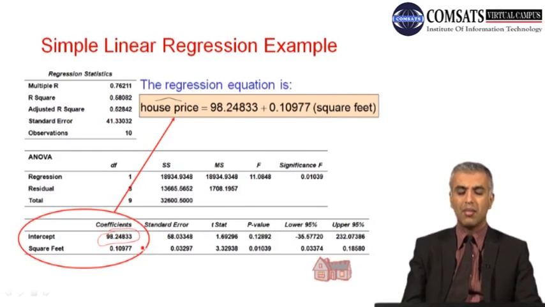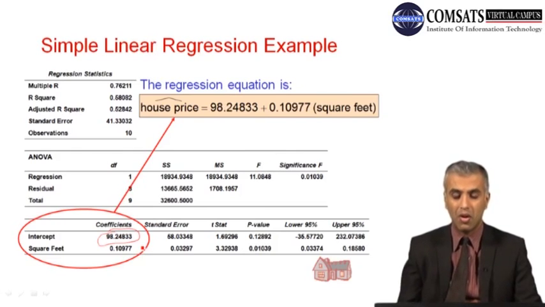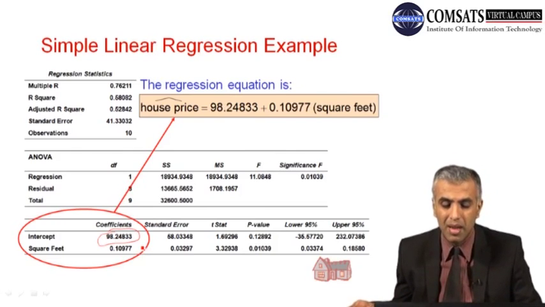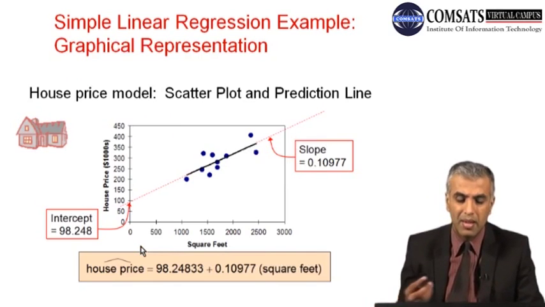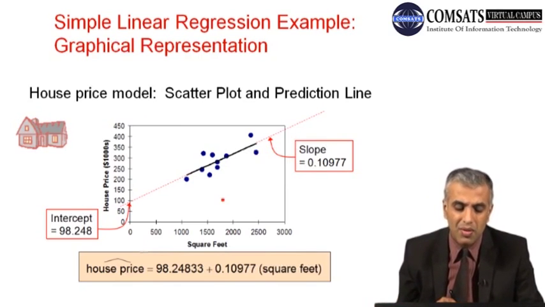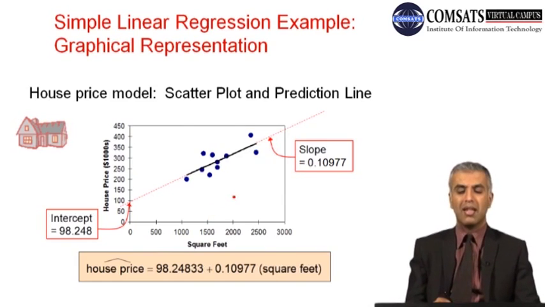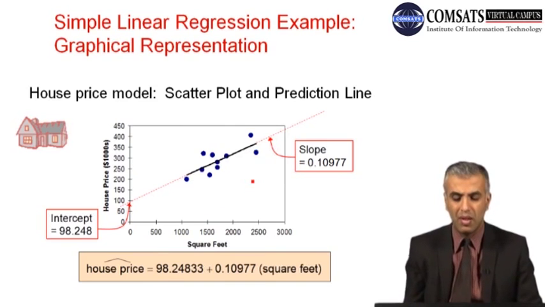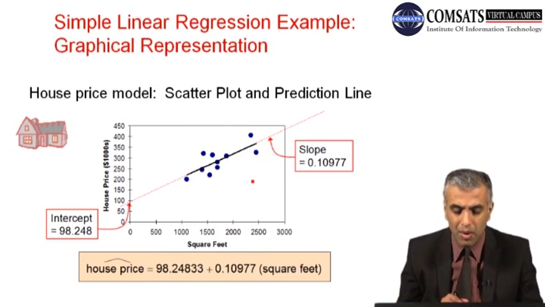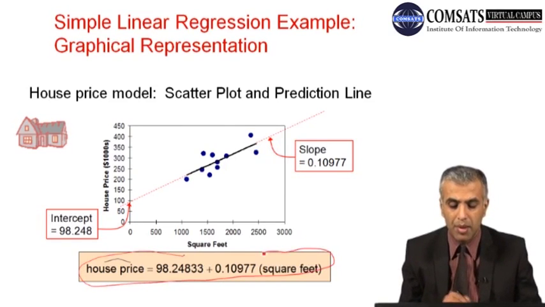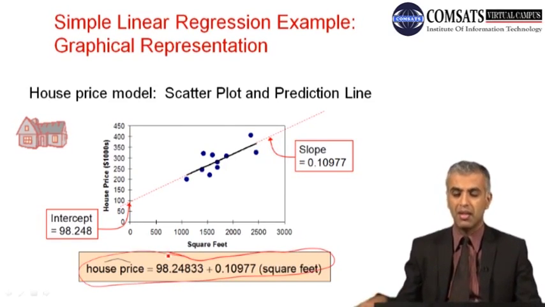Now we are also given some additional data, but once we know the slope, which is 0.1097, and we also know the intercept, which is 98.24, then we can draw the prediction line in this case. The equation for the above model is shown here, which may be pretty much evident to you from here.